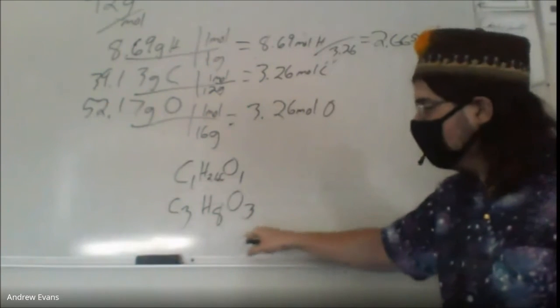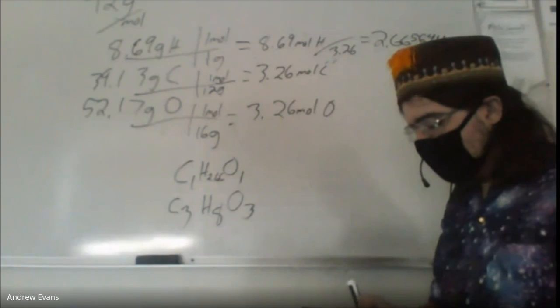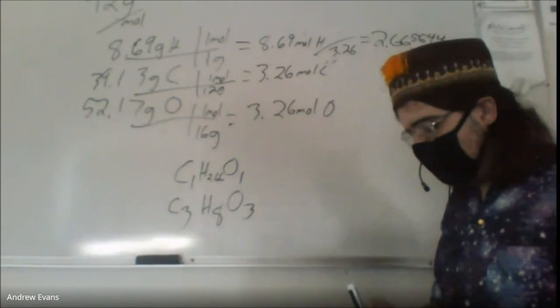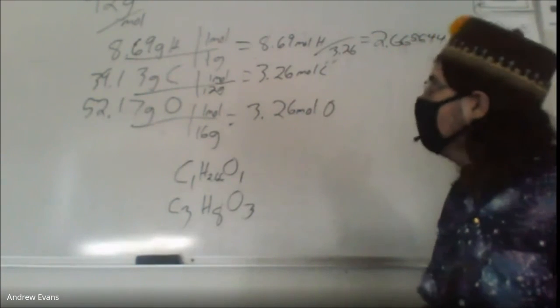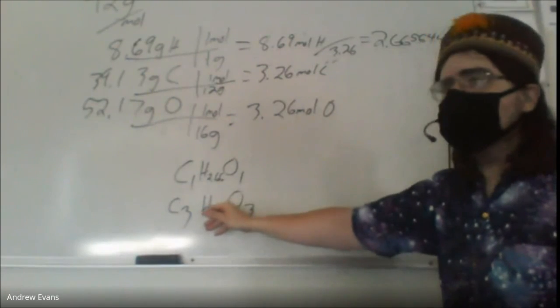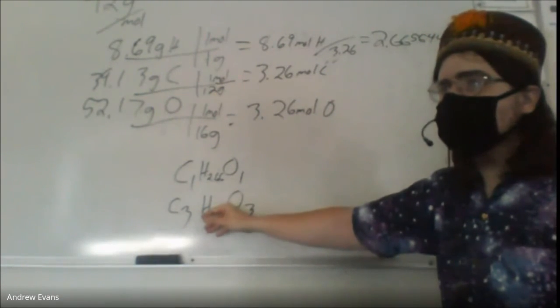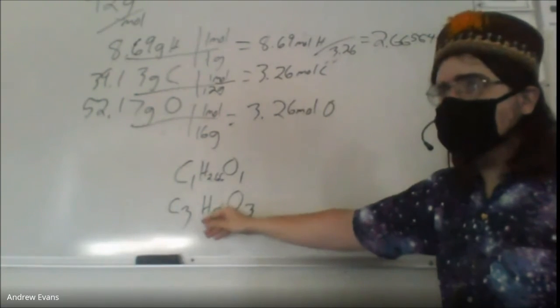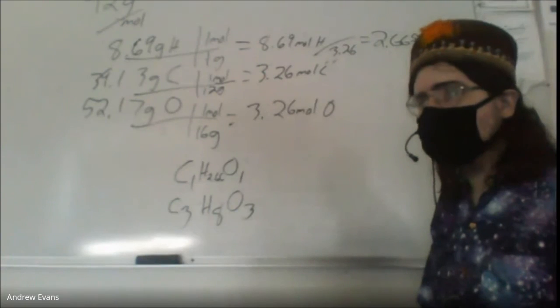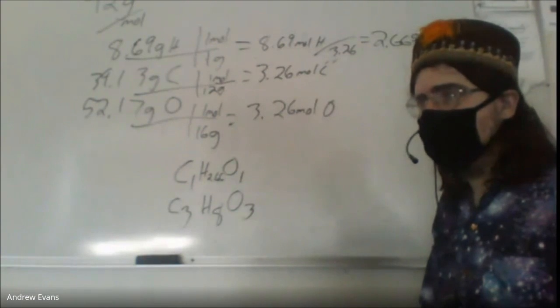Though we could check it from this number as well. But what is the molar mass of that? 3 times 12 plus 8 plus 3 times 16, it's 92. So what is the empirical formula? C3H8O3. What is the molecular formula? C3H8O3. They happen to be the same.